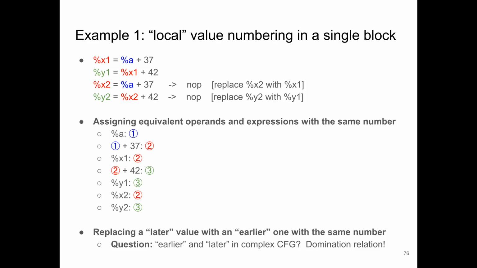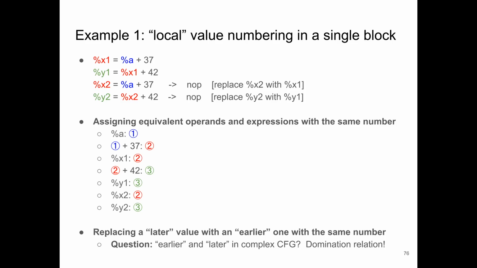It is straightforward for this example particularly because there's no complex control flow. Everything is just inside the same block. So it is really easy to say, oh, y2 is a later instruction and y1 is an earlier instruction, so we need to replace y2 with y1, a later instruction with an earlier instruction.